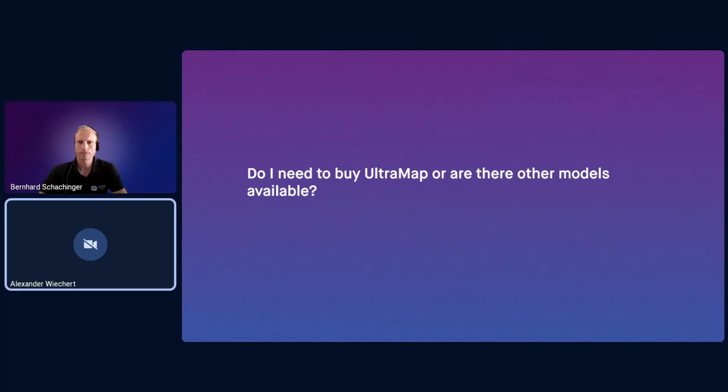Do I need to buy UltraMap, or are there other models available? Now I'm not totally clear what is meant by models. I'm assuming that this refers to third-party software systems. If not, please clarify.